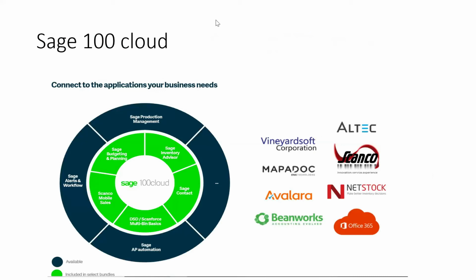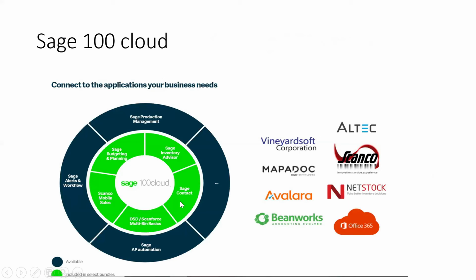So in taking a look at Sage 100 Cloud, this kind of gives you an idea of several things that have been included in certain bundles with Sage, and also what is available to add with Sage 100 Cloud.